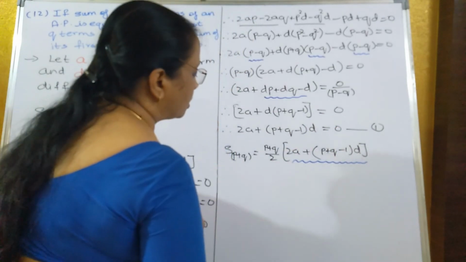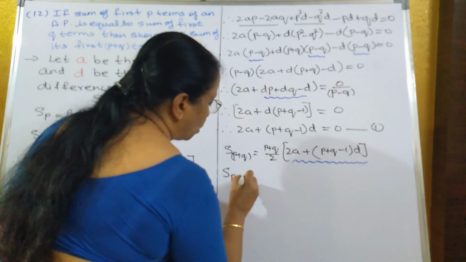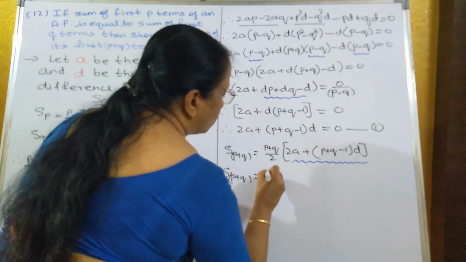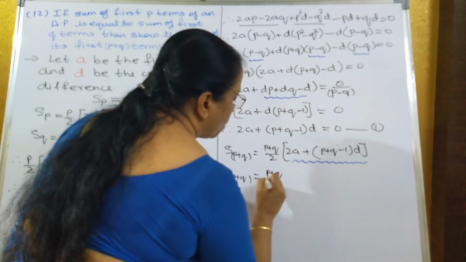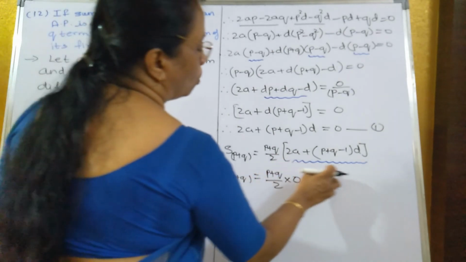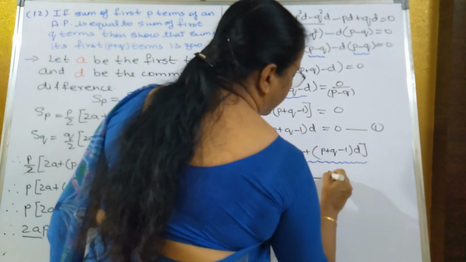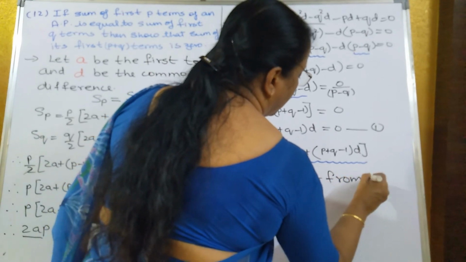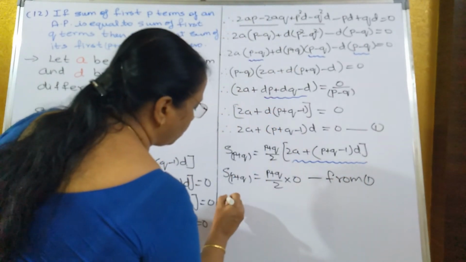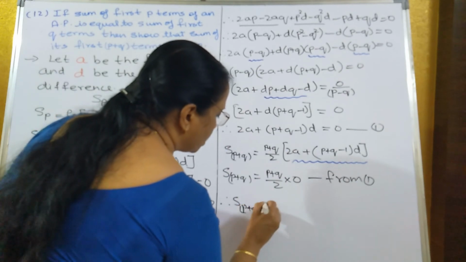So S(p+q) is equal to (p+q)/2 into 0. Why? Because this whole thing just now we had proved it is 0 from 1. Now anything into 0 will be what? 0. Therefore S(p+q) is equal to 0.